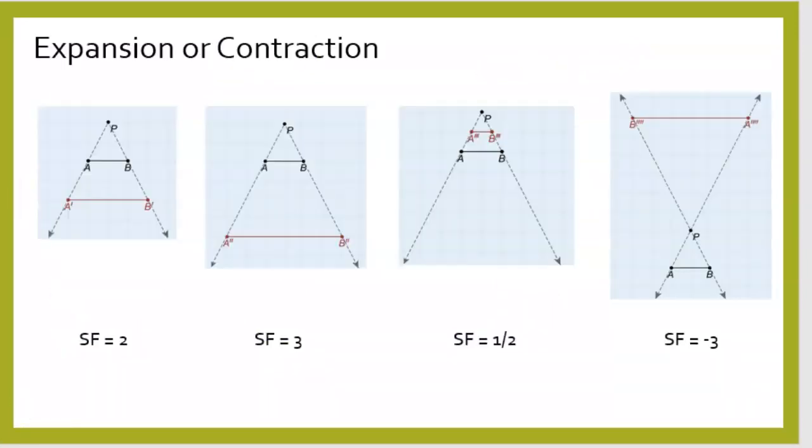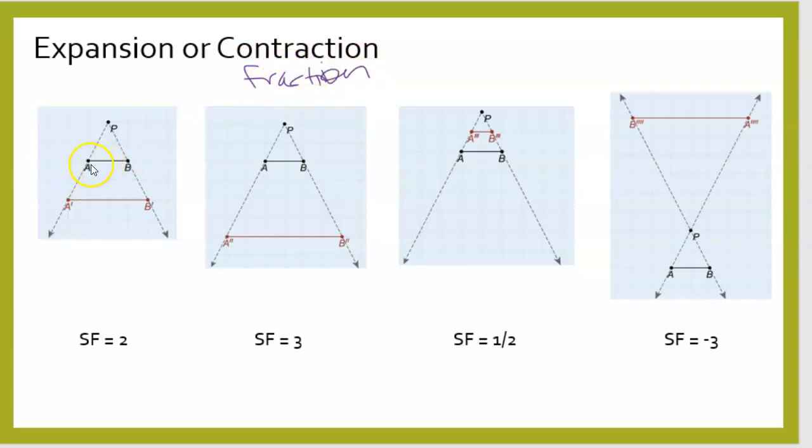Okay, let's practice. Are we seeing an expansion or contraction? Here we're just talking about line segments. I don't want these dotted lines to confuse you. We're not talking about triangles. Here's the line segment AB, and in these examples, P is the center of dilation. Is the dilation an expansion or contraction? Remember, contraction, fraction.